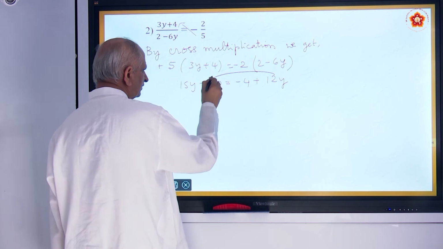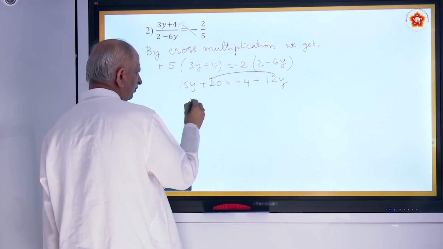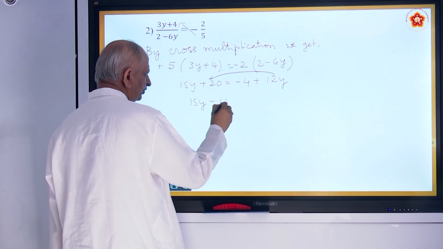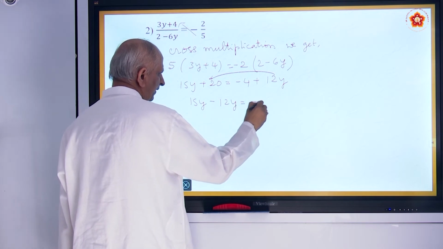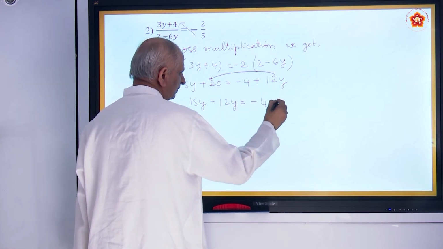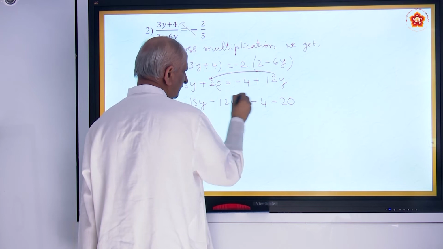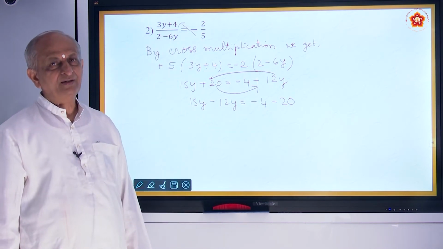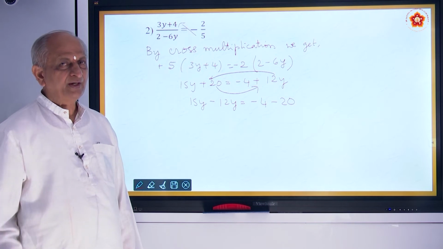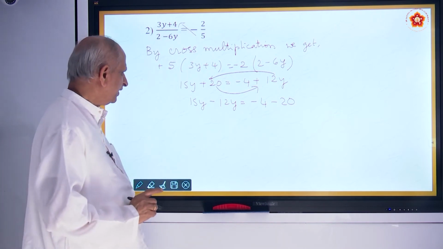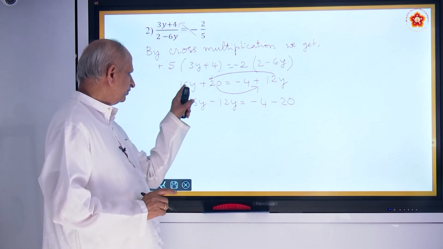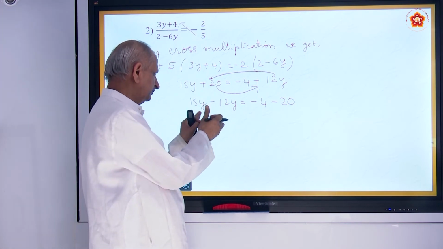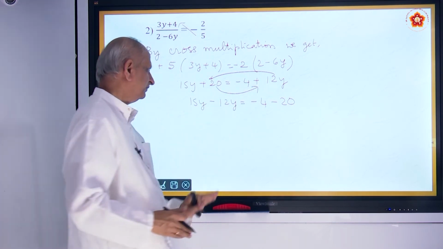Bring this side, so 15y, that is called transposition, minus 4 minus 20 plus 20, bring to right side. What is it called? Method of transposition. What is it that you have done? See, all y should be on one side, all numbers should be on the other side.